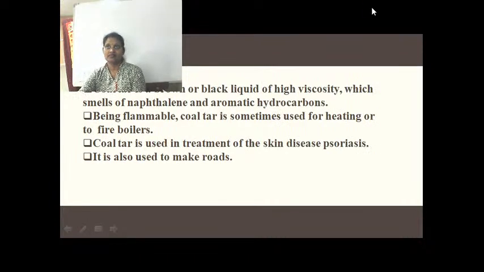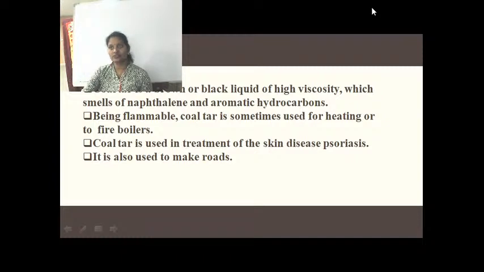Now coal tar. It is a brown or black liquid of high viscosity. High viscosity means it is somewhat thick, not like water. It is a semi-liquid which smells of naphthalene and aromatic hydrocarbons. Here so many hydrocarbons are there, and that is the reason why from this single coal tar we get other products also.